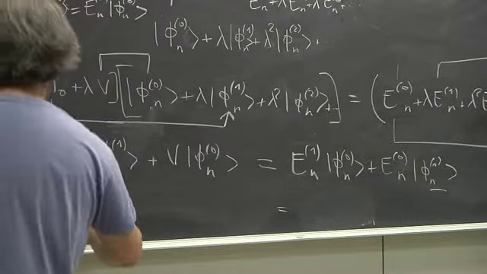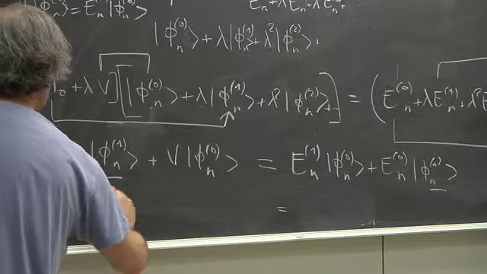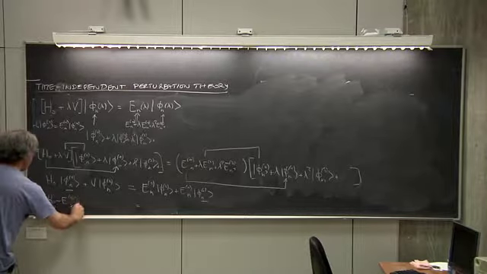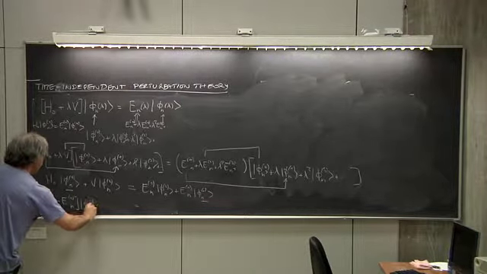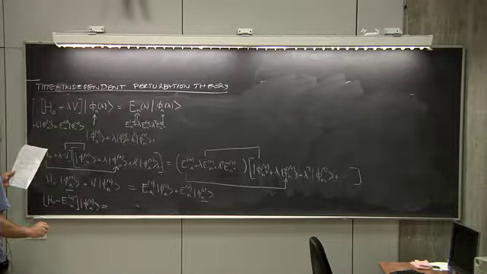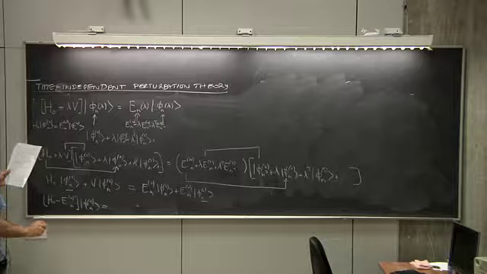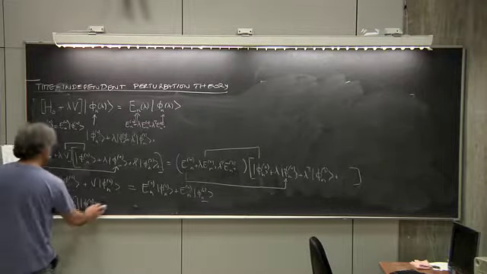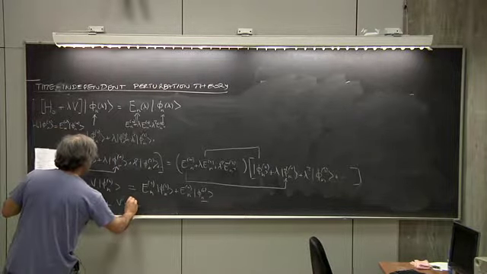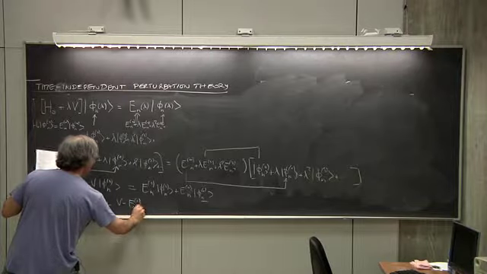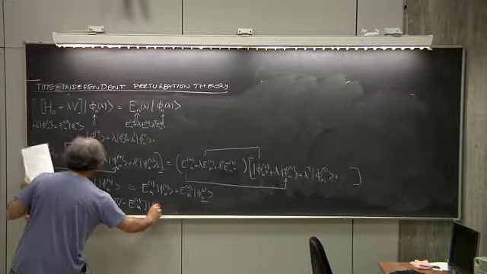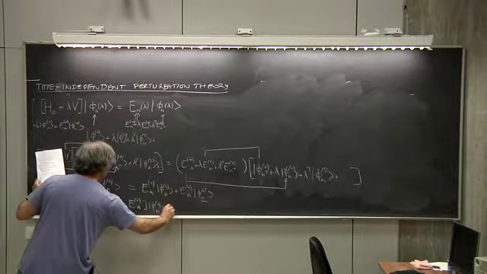So I can write this as (H0 − E0n) multiplying φ1n, plus (V − E1n) multiplying φ0n, should be equal to 0.